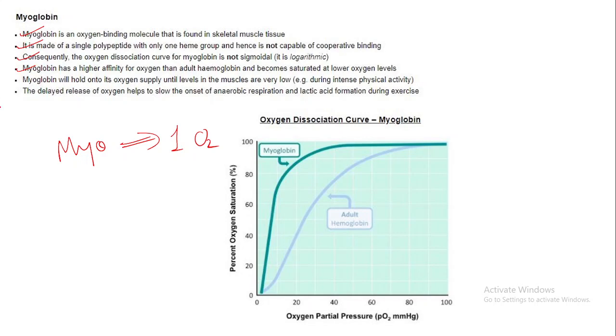Try to understand the phenomenon that is happening. The delayed release of oxygen helps to slow the onset of anaerobic respiration and lactic acid formation during exercise. Because there is a delay in sending oxygen, anaerobic respiration takes place, since physical activity is happening and energy has to be produced some way or the other.